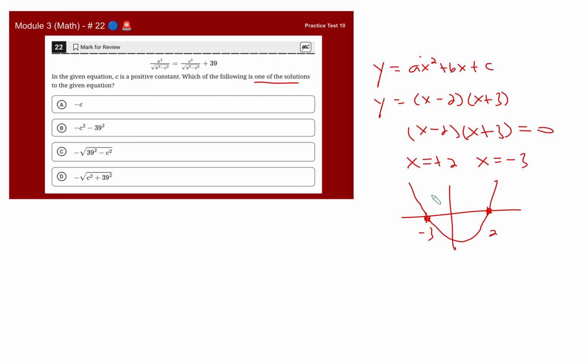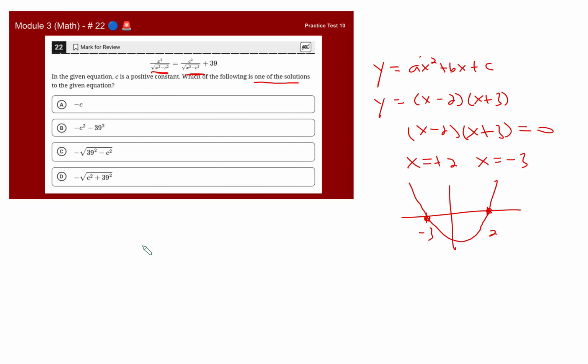All right, so what we can do is separate this into two equations. Sorry, we're not going to do that. We're going to write it like this, as one equation. So we're going to move everything to one side.